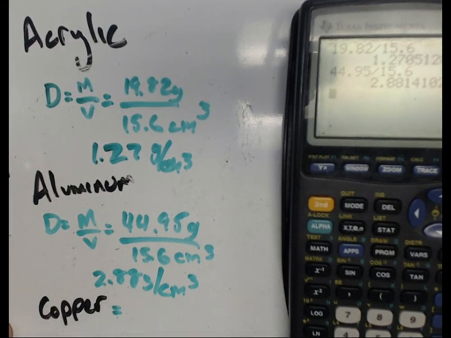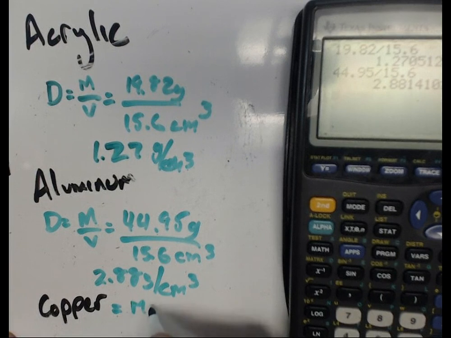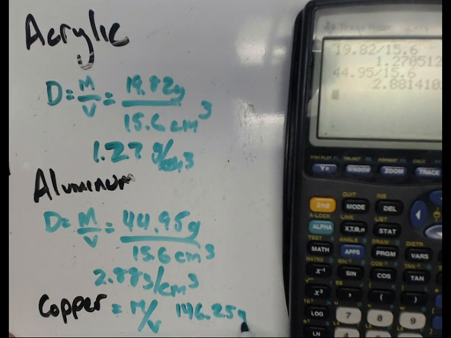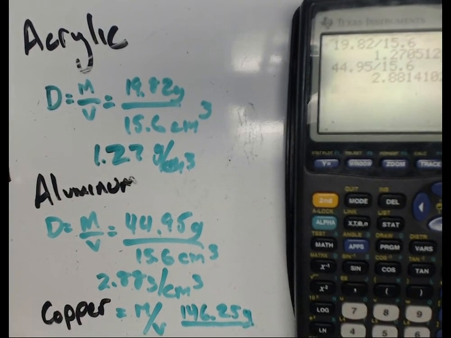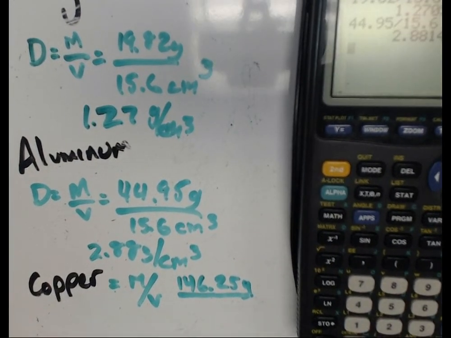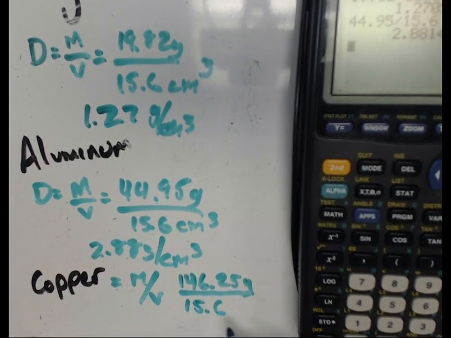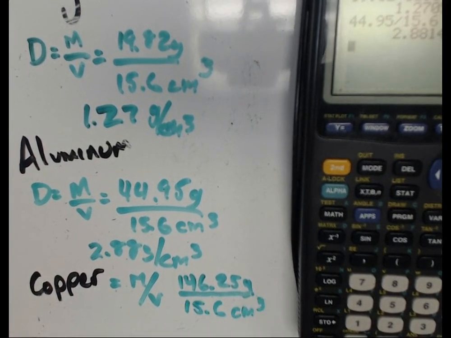For copper you can do the same thing. You just keep doing the same mass over volume. The mass of the copper was 146.25 grams divided by 15.6 cubic centimeters.